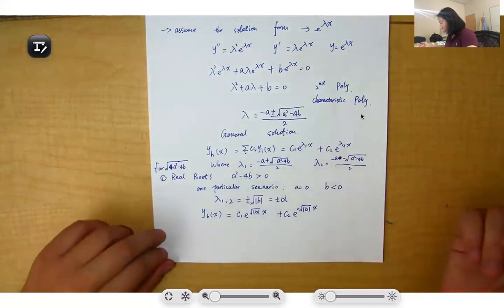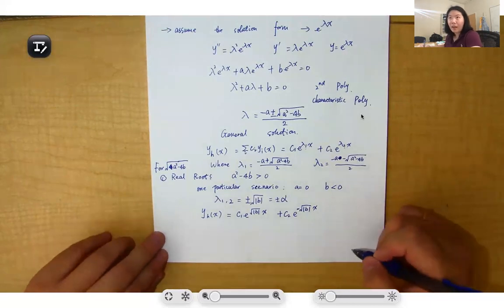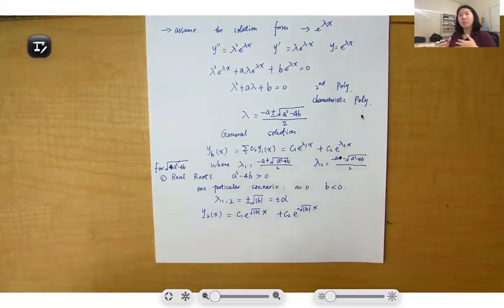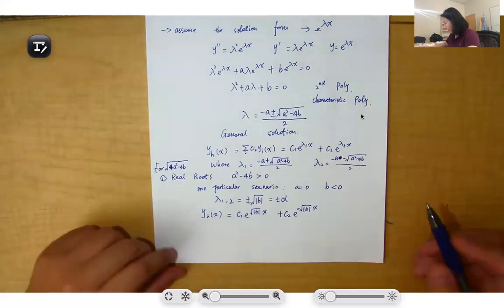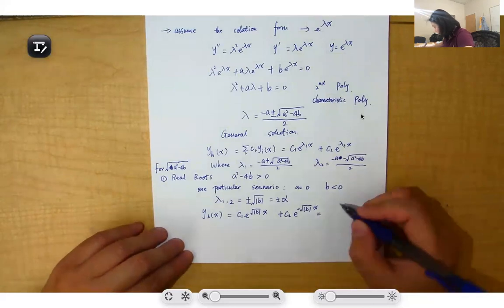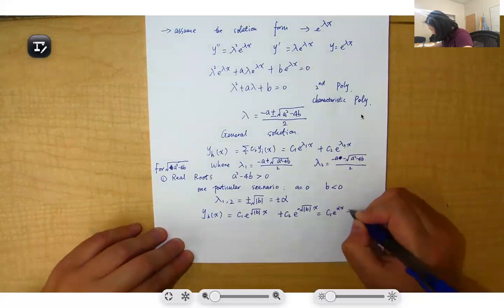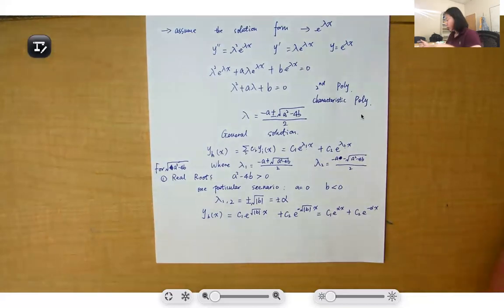Okay, and we can also write this in hyperbolic form. In some physical models, it's better to write it in sine cosine form so that it's easier to plot. We can write c1 e to the lambda x plus c2 e to the minus lambda x, just for a simple representation.